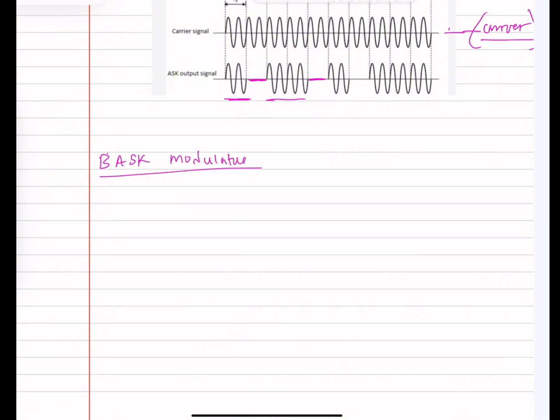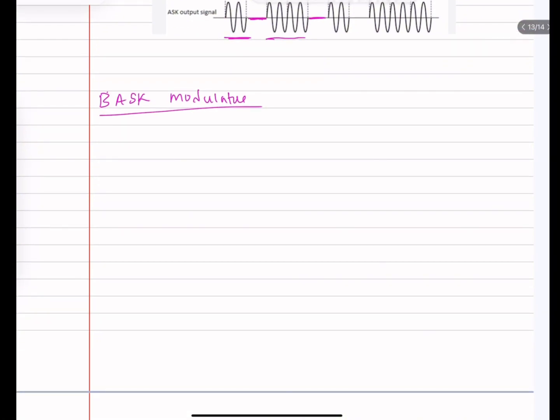The ASK modulator has a carrier signal generator, a binary sequence from the message signal, and also a band limited filter. Before I proceed with the binary ASK modulators, let's quickly look at the block diagram of what binary ASK looks like.